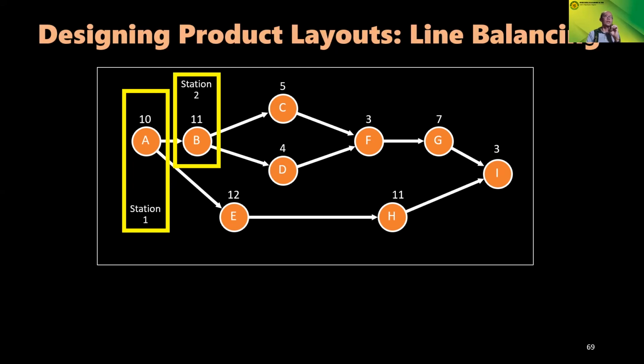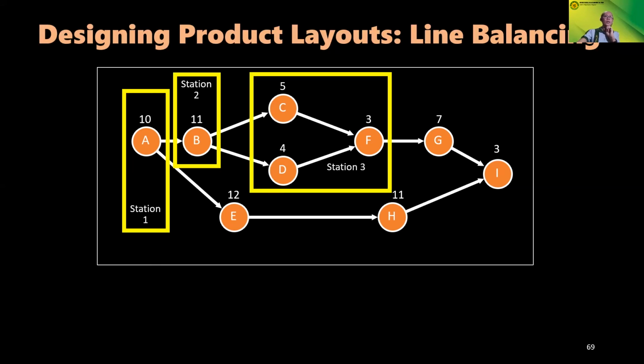So as you can see here, the combined task time for C, D, and F is 12 minutes. So therefore, by looking at the relationship and the following tasks, we can actually put tasks C, D, and F in one station and task E in another station. Okay? In this case, station 4 and station 3 can actually be interchanged.